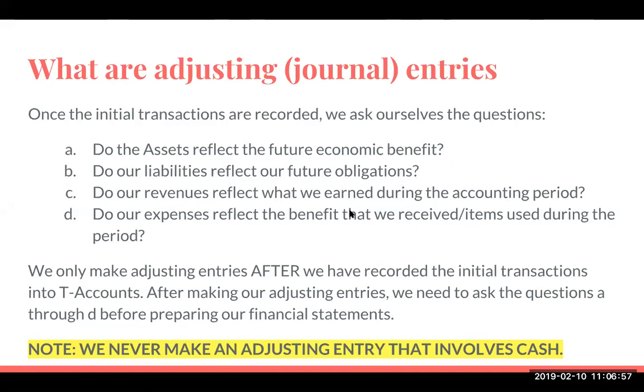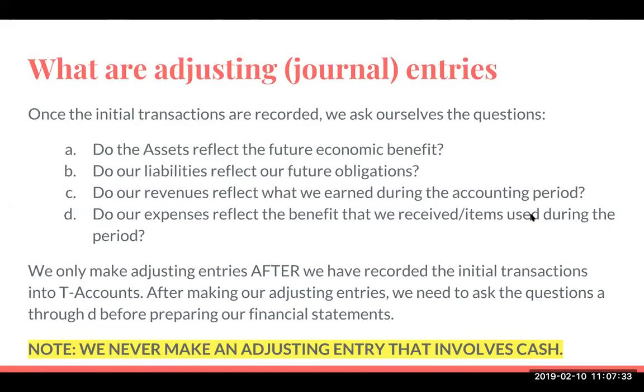If I purchase equipment brand new and I've been using it for a year, and I don't do any adjusting journal entries to reflect that use, I'm essentially misstating the information on my financial statements, because that equipment may no longer have that value. So it's really important that we record the related expenses of using that equipment, and that our expenses reflect the benefit we receive from the equipment during the period.